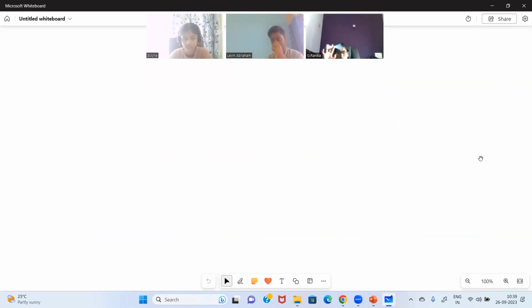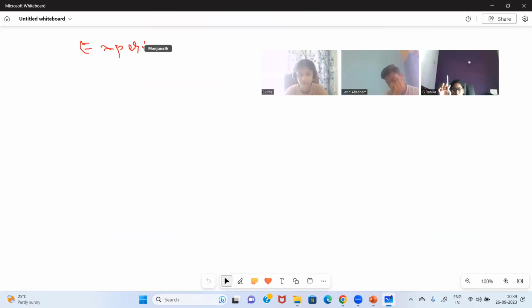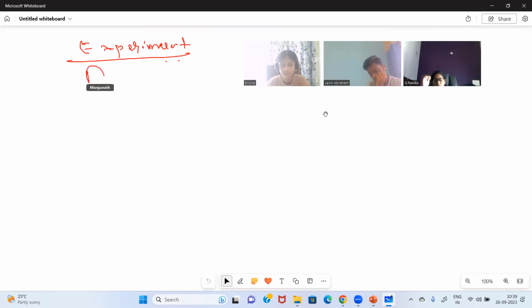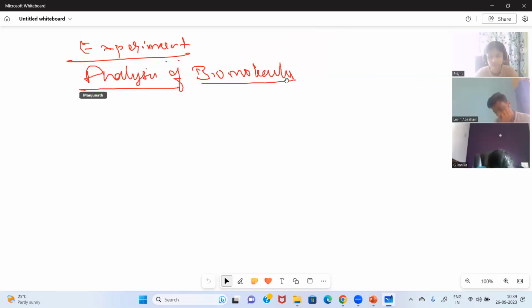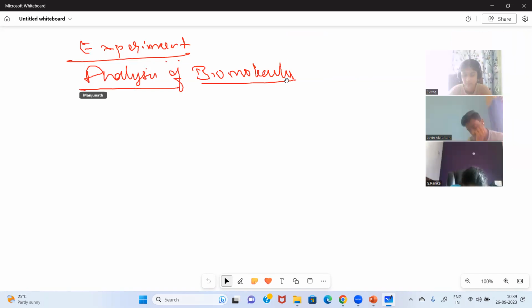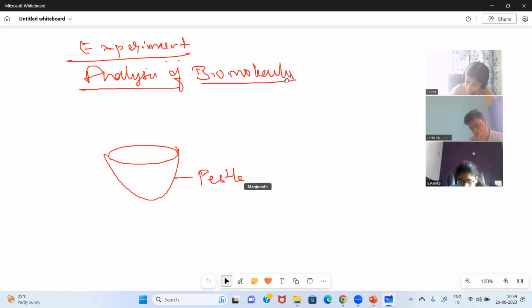Okay. Now, we have an experiment for the analysis of biomolecules. We have an experiment for the analysis of biomolecules. So we take a pestle and we also take a mortar.